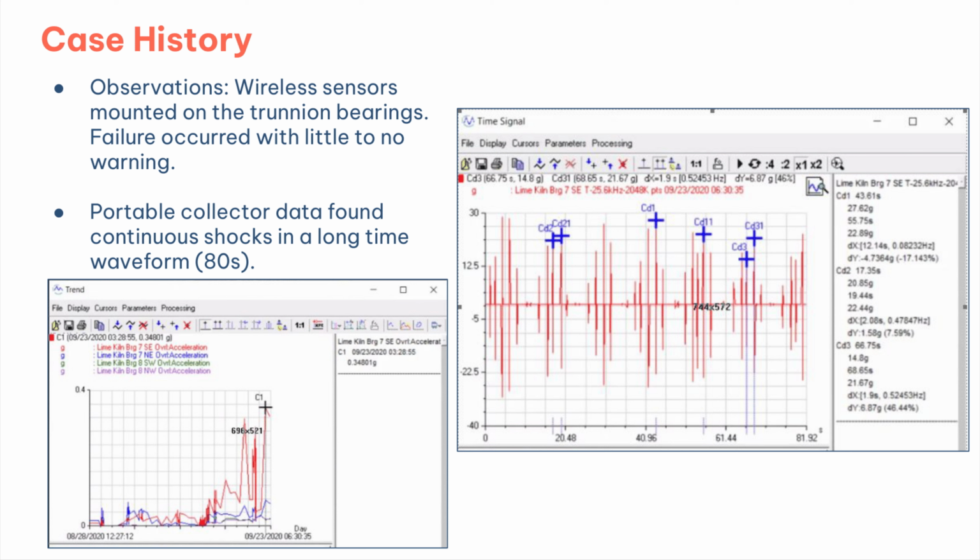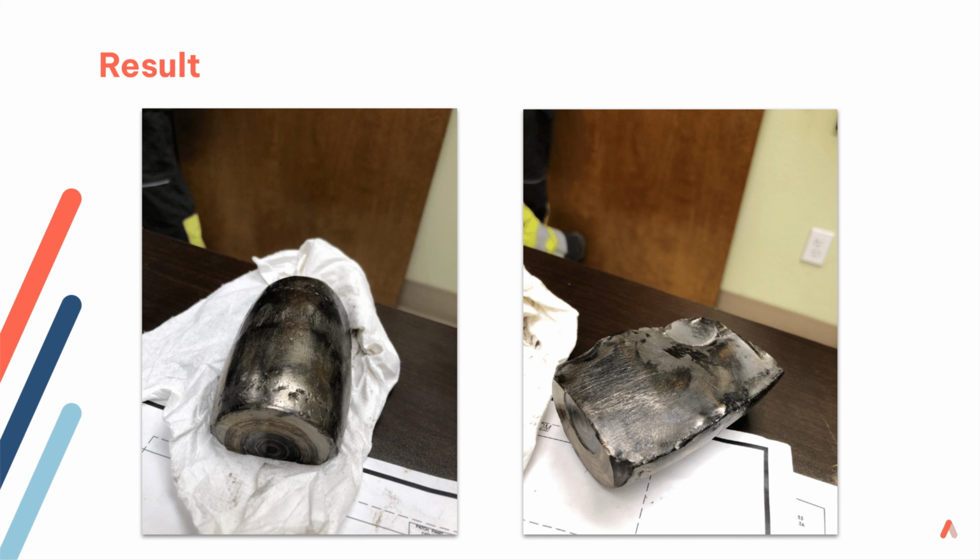Action was identified and scheduled for the next planned outage, considering there's very long outage intervals on this machine. They were able to squeeze it in instead of waiting another 18 months to replace that bearing. The result was a bearing that was completely destroyed and slowly getting eaten away due to the defects.